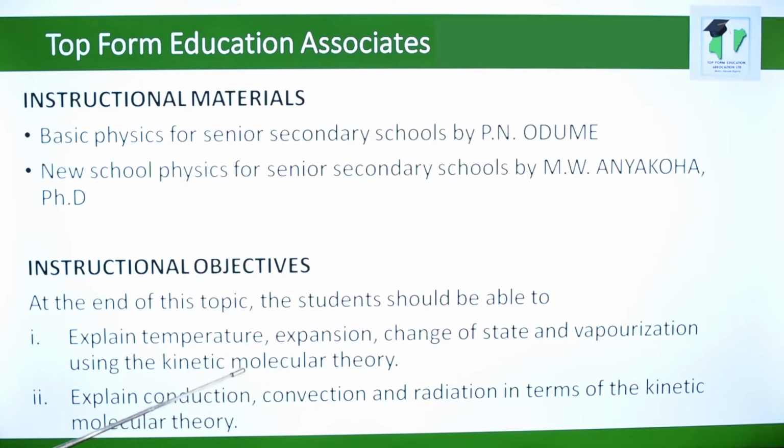Three, explain conduction, convection, and radiation in terms of kinetic molecular theory. Is that okay? These are some of the things we are able to achieve when we finish studying this topic.